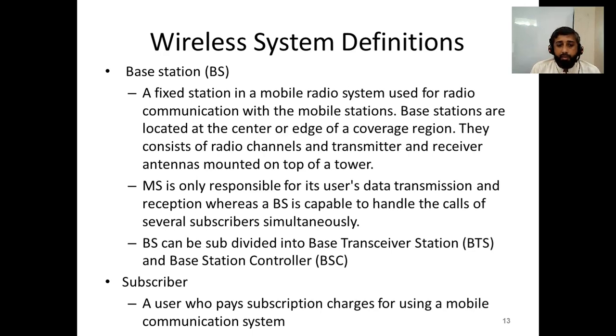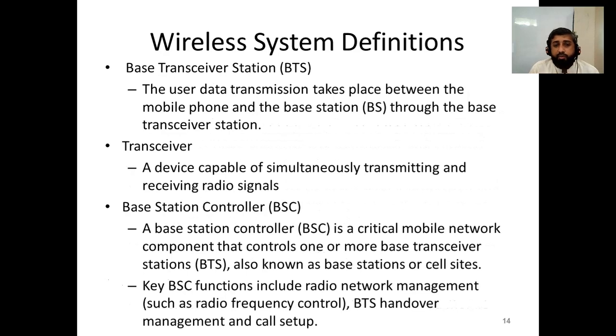Okay, coming back to the base station, generally a base station has two major parts. The first one is called the base transceiver station, or BTS, and the second is called the base station controller, or BSC. What is a base transceiver station? First, what is a transceiver?